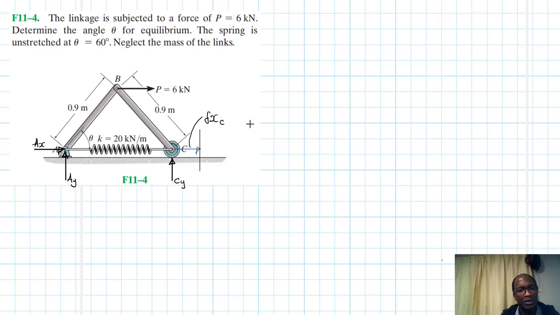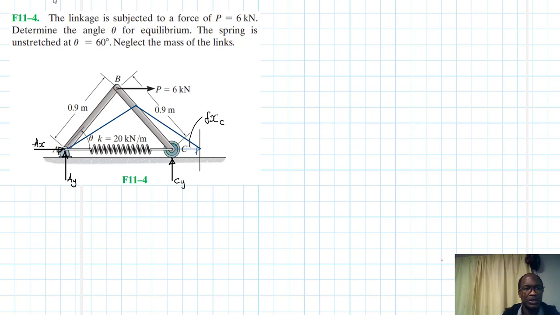xc. Okay, so let's draw the configuration of a deflected or displaced system. So we'll have a system like something like this. It may not be very perfect.